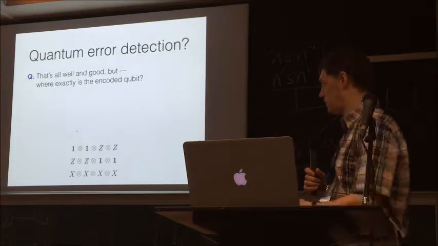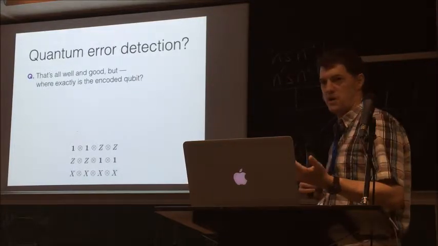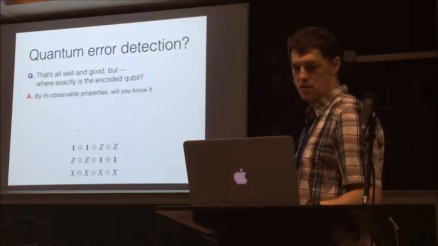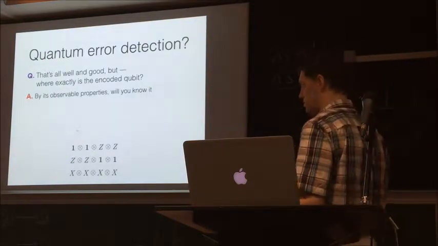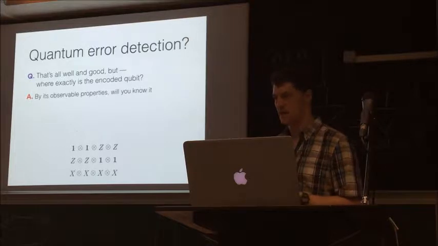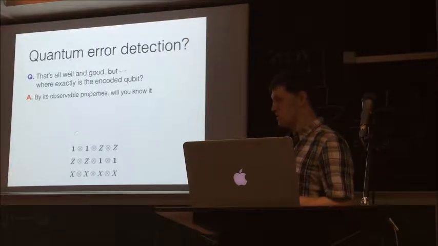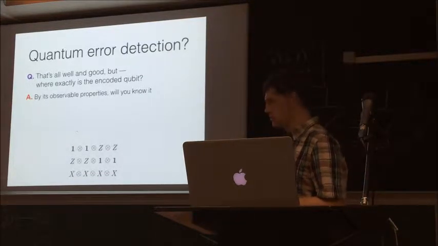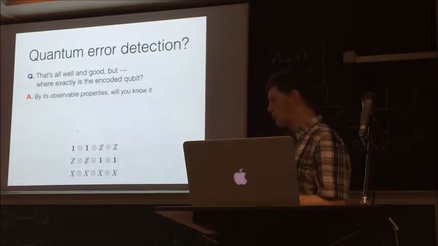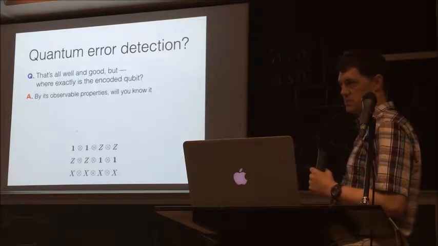You might also ask, okay, can we say that the encoded qubit exists somewhere in this system? The way that we talk about how to use the encoded qubit is by its observable properties. That is to say, by measurements that you can perform that would actually affect the encoded state, and ones that correspond again to an encoded Z or encoded X measurement.